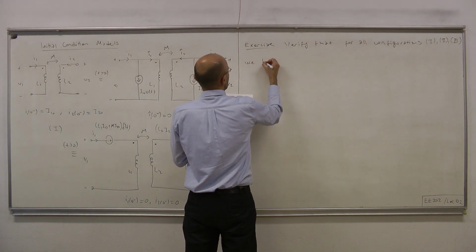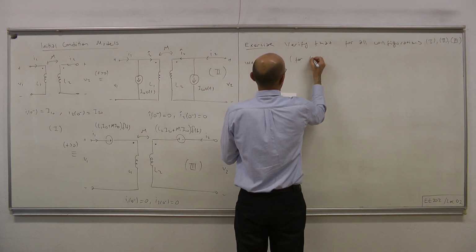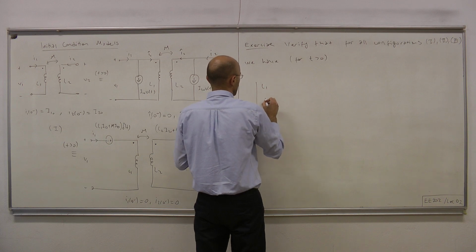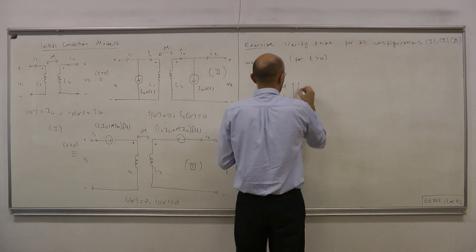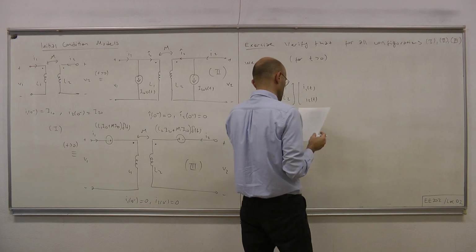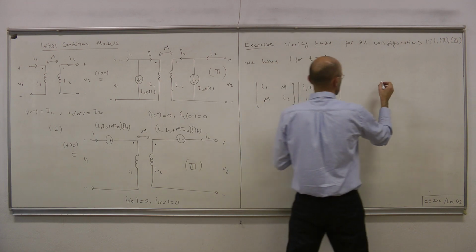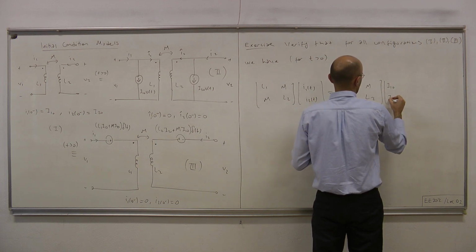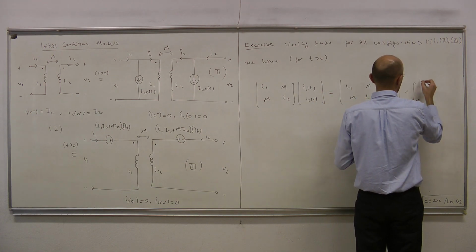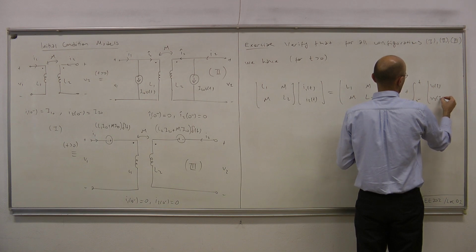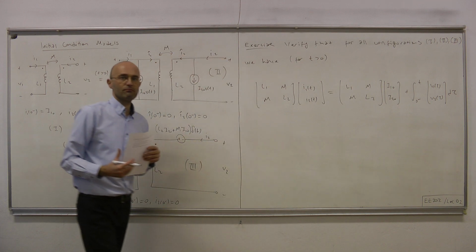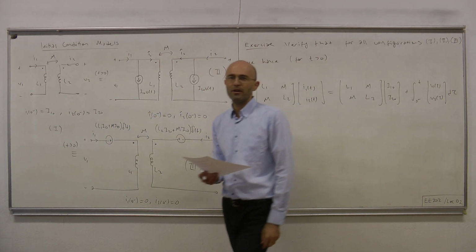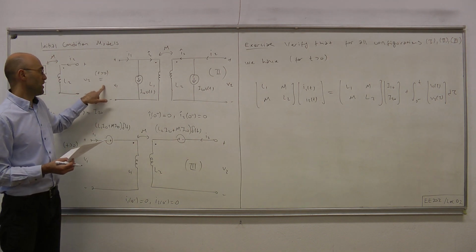For positive times t, we have the following relationship: L1 and L2 matrix times I1(t), I2(t) equals the L1, L2 matrix times I1(0), I2(0), plus the integral term of V1(tau), V2(tau) d tau. Since they all satisfy the same current-voltage relationship, we can use this notation: they're equivalent.